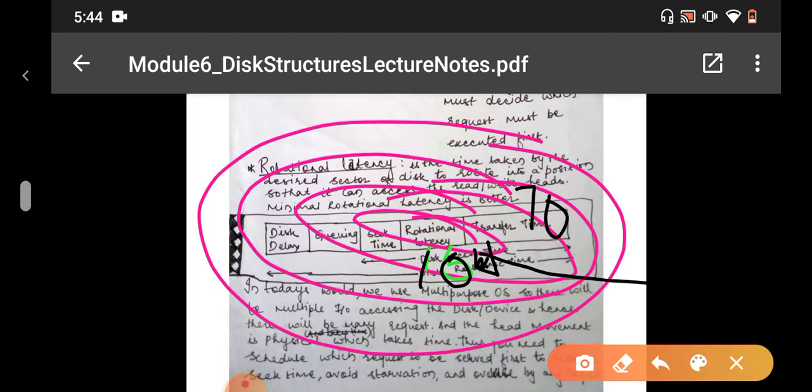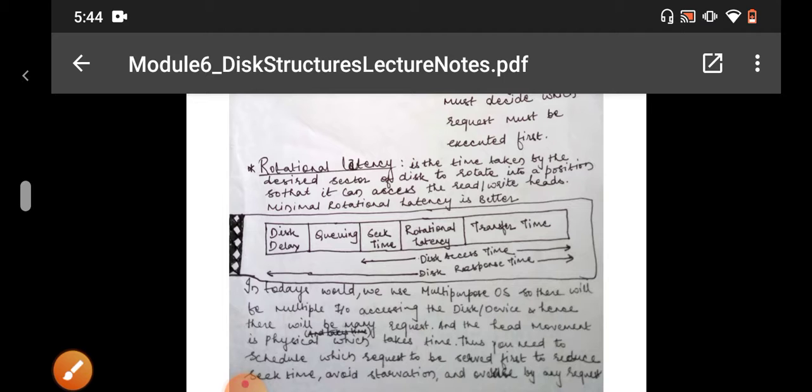It will take only these straight line movements, so it will come to this track first, and then the disk will rotate, and this particular location 70 will come down under the head, and the location will be accessed. So the time required for that rotation is included in your rotational latency.